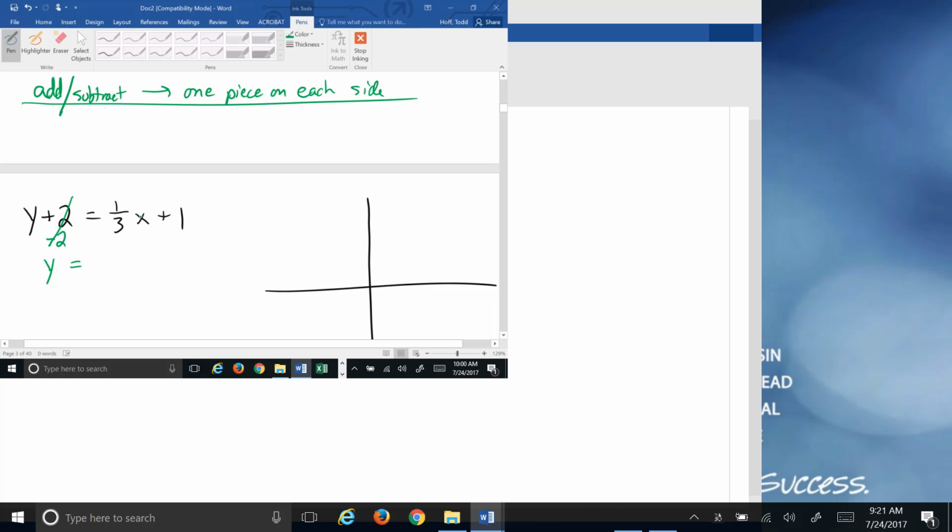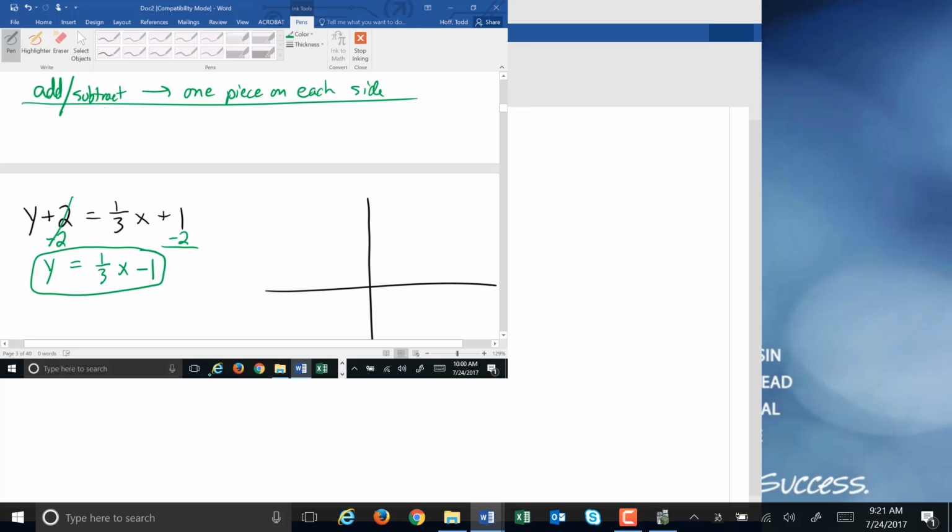On the other side, I have to subtract 2 from one piece. Can I subtract 2 from the 1/3 x? No. I can subtract 2 from the positive 1. I can only add or subtract, remember, from things that have the same name, same label. So 1 minus 2 is -1. Perfect.